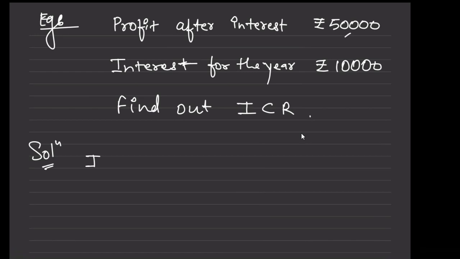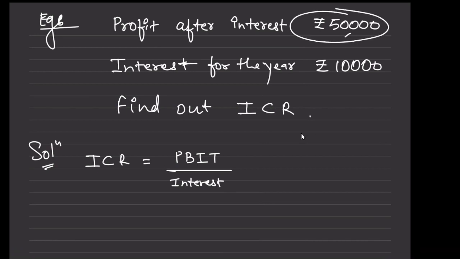So for the interest coverage ratio, the formula is profit before interest and tax divided by the interest amount. So here I have got profit after interest. If we want to go before interest, I can add the interest, yes or no?